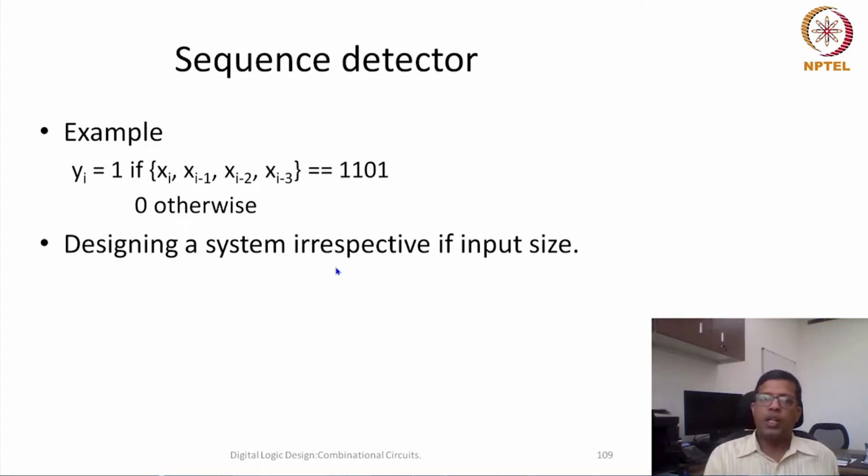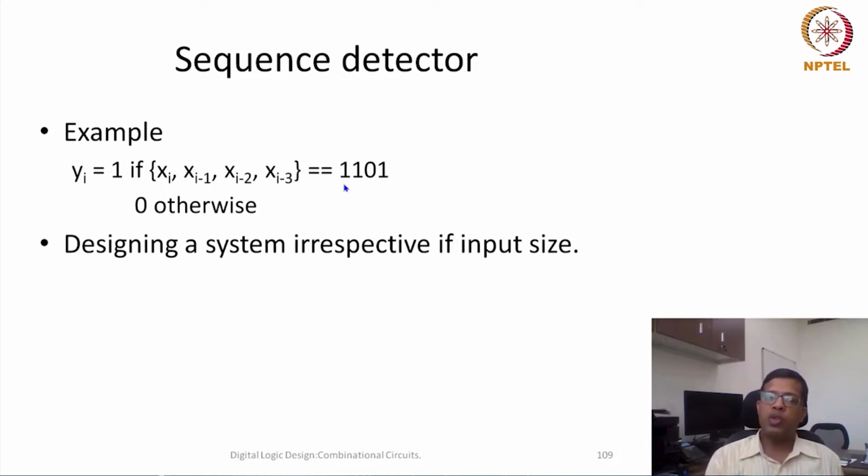Now we are trying to design this sequence detector using this example, but this method of designing a sequence detector is generic enough that it can work for any kind of bit pattern.